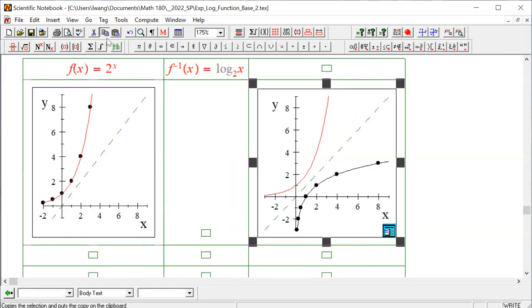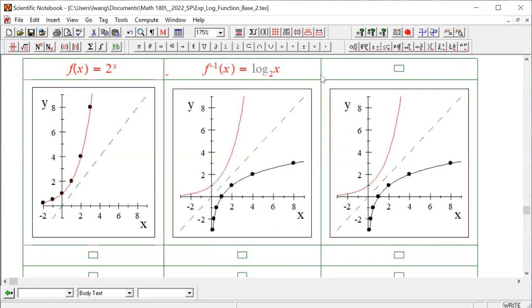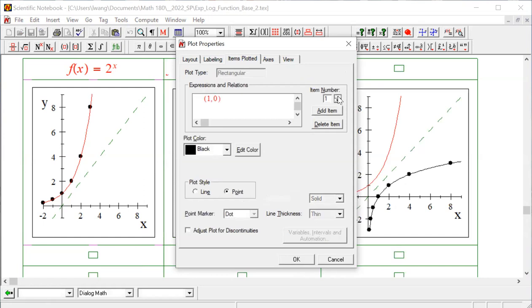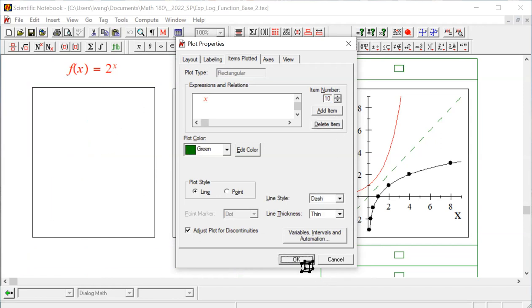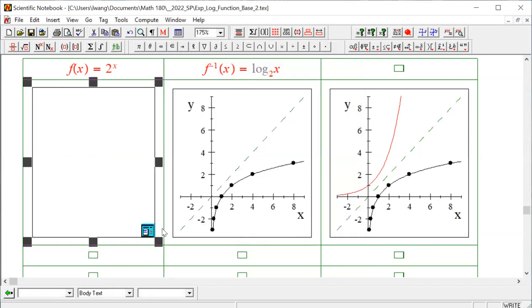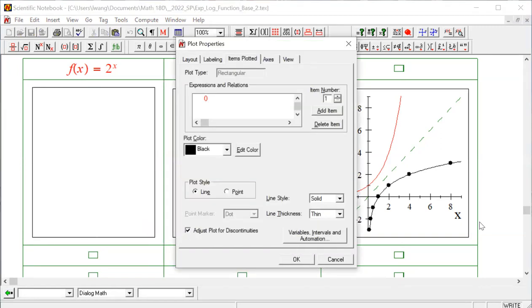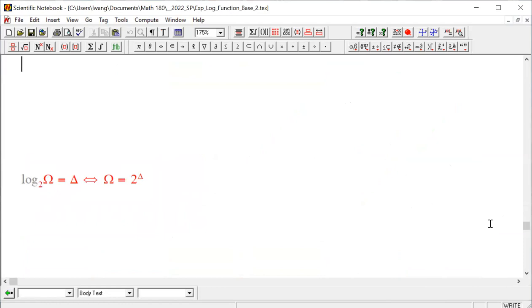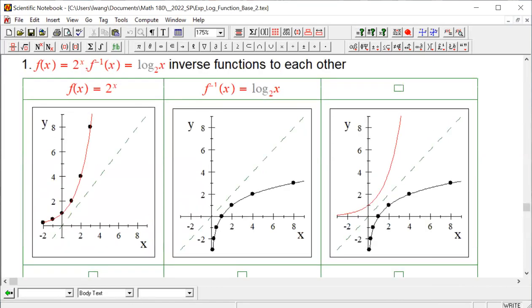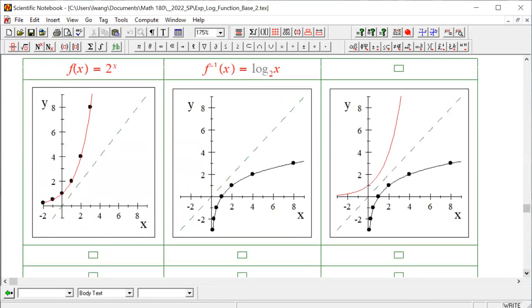So I'm going to put this here and remove the red, delete it. There we go. Sometimes the software can be a little bit temperamental. Anyway, inverse functions to each other.